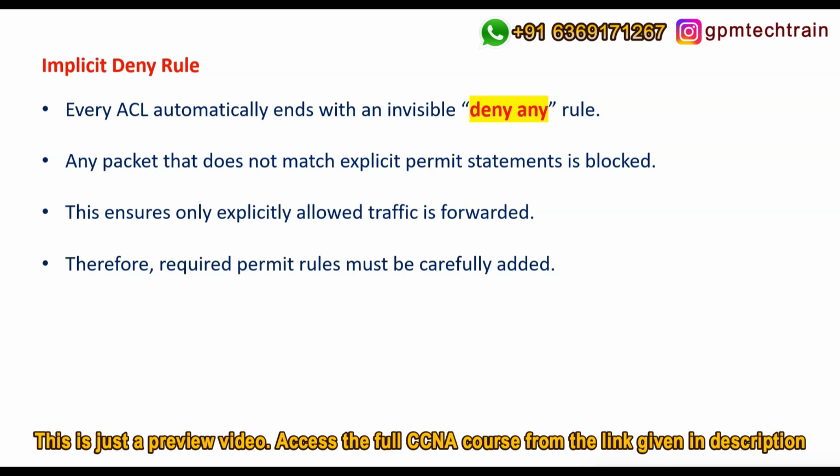If there is no match at all, the implicit deny at the last line, hidden, will match and the traffic will get denied. So whenever you write any ACL, be very careful to include permit statements for all the networks. If you forget a permit statement for legitimate traffic, it will not match any condition and will get denied.